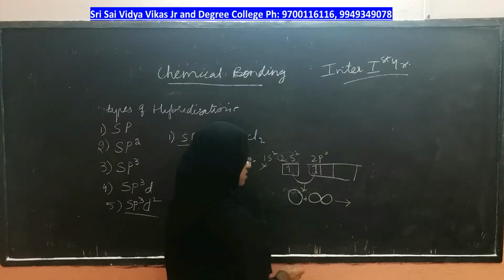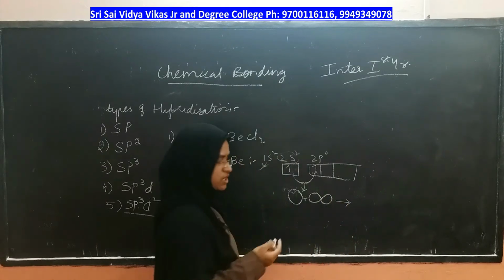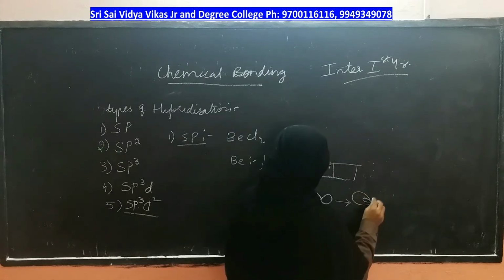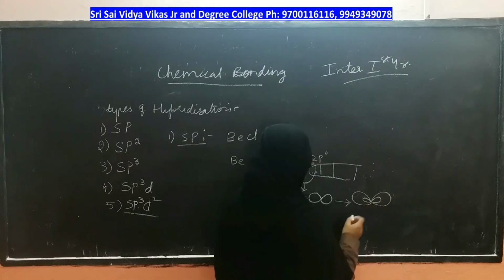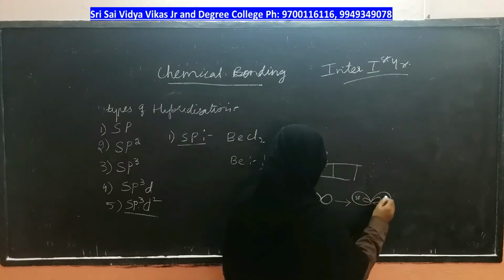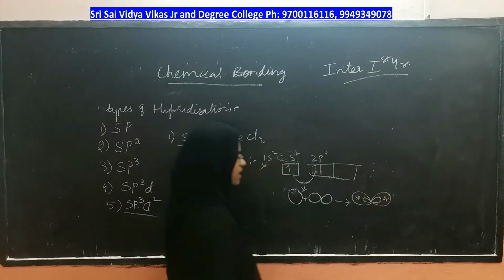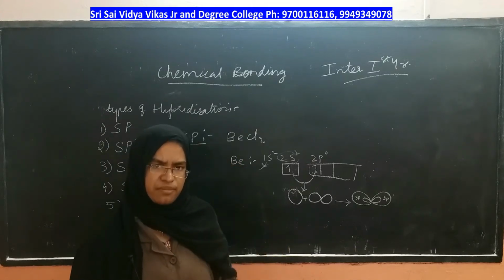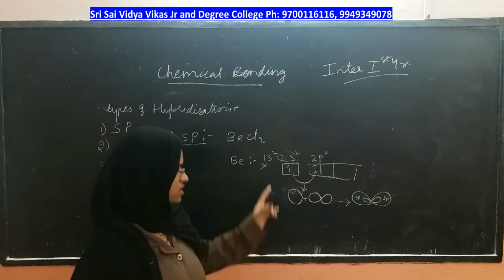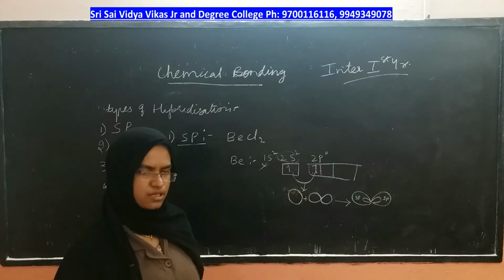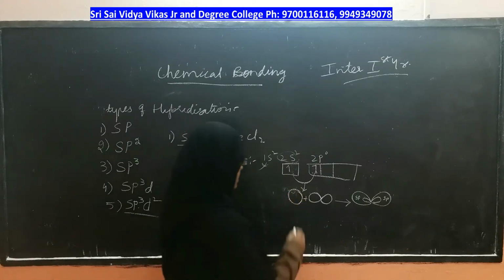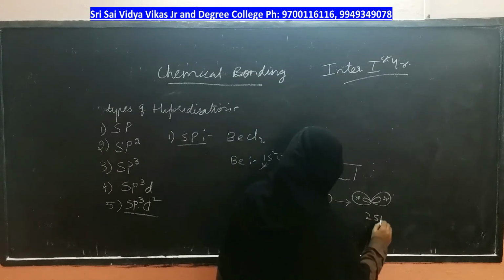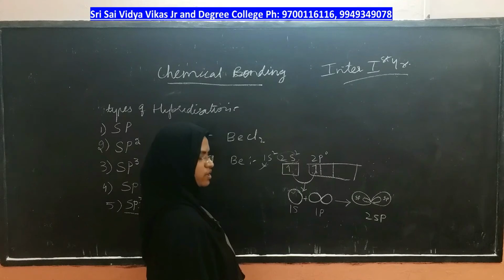How many orbitals are intermixing? 2. So how many hybrid orbitals should it get? This is one hybrid orbital, this is another hybrid orbital, this is sp, this is sp. Now beryllium has two equal, same energy, same hybridization orbitals. Two sp hybrid orbitals it got.